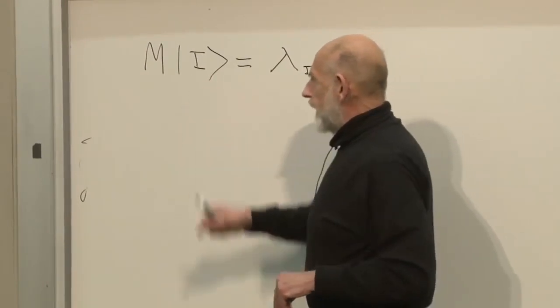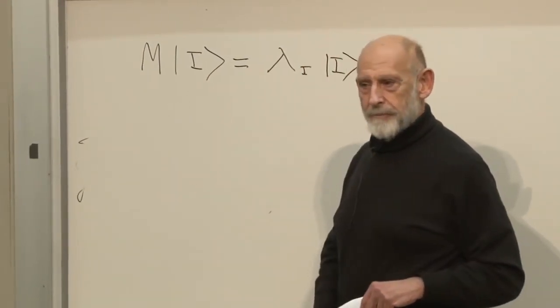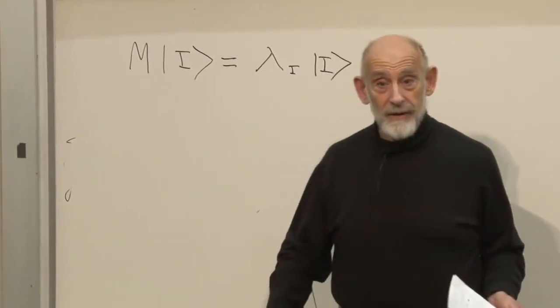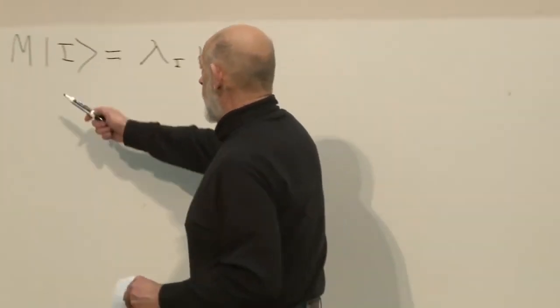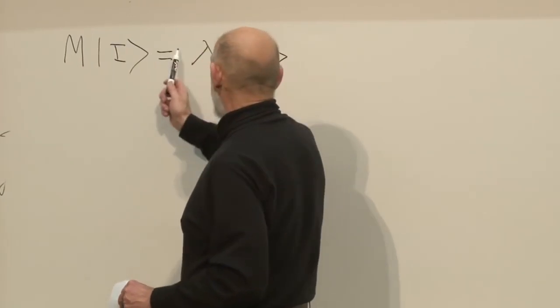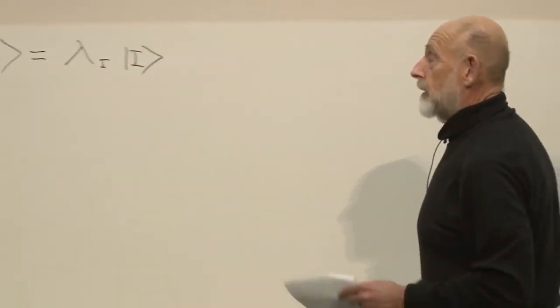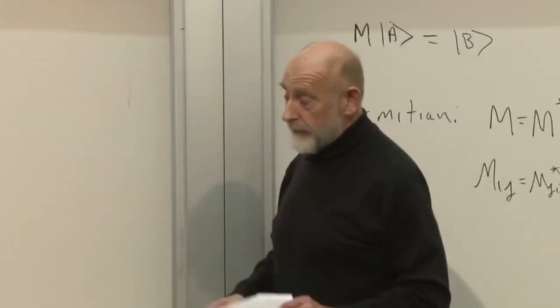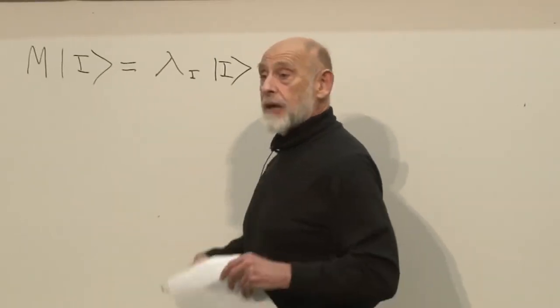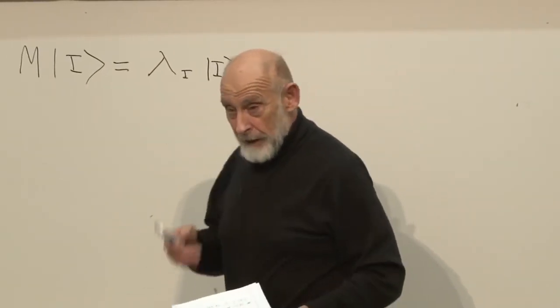If you take an eigenvector and multiply it by a number, the result is still an eigenvector with the same eigenvalue. If I multiply this equation by a complex number z, I can bring the complex number z through, and I'll find out that any numerical, even complex numerical multiple of an eigenvector is also an eigenvector.